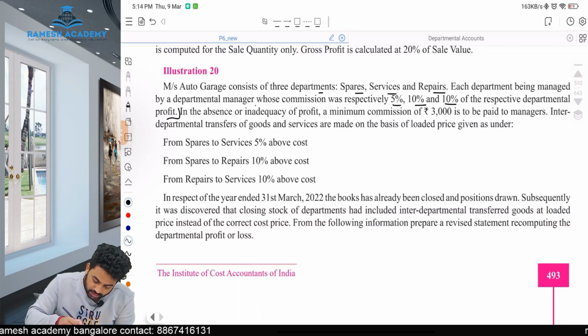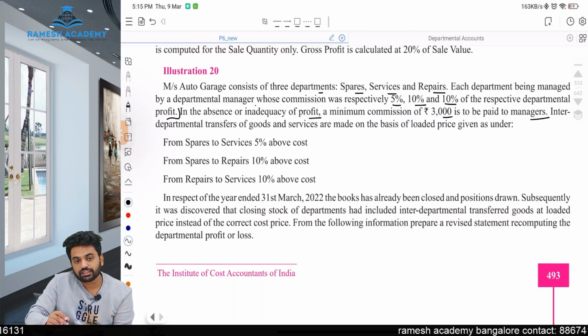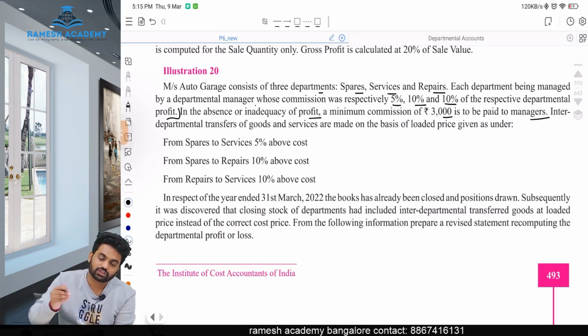In the absence or inadequacy of profit, a minimum commission of 3,000 is to be paid to the managers. In case of no profit, or if profit is there but multiplying 5%, 10%, 10% with that profit they are not getting 3,000 rupees, then 3,000 is the minimum they are going to get.